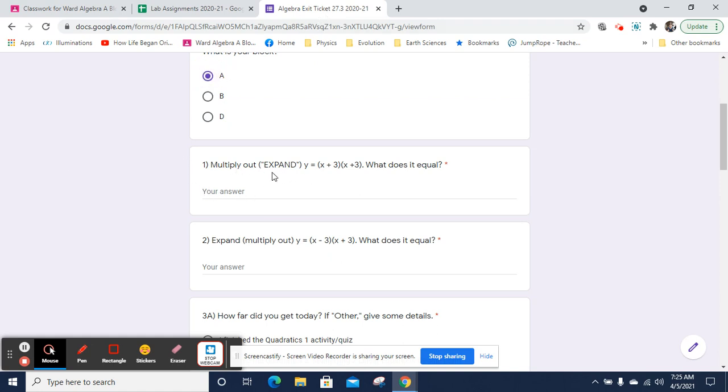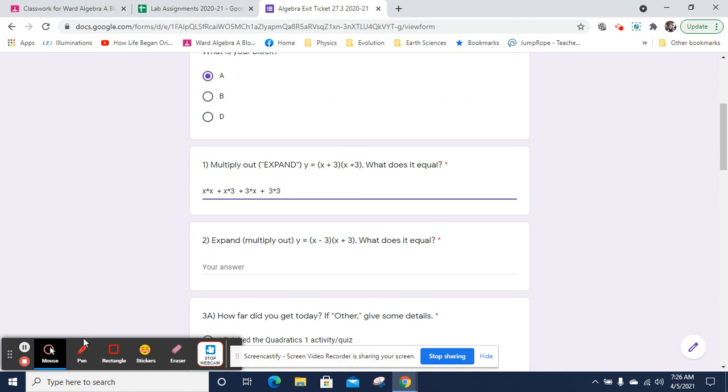So multiply out or expand y equals x plus 3 times x plus 3. Well, we've got to multiply x times x and 3 times 3, of course, but we also need to multiply x times 3 and 3 times x. And we got to put all that together. It's all positive, so I can just say plus, plus, plus.